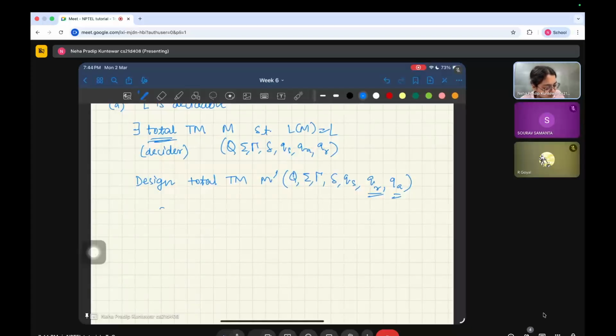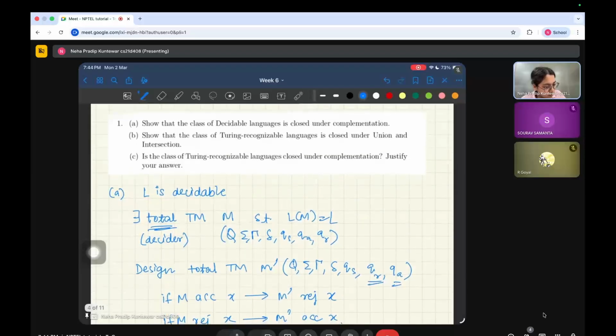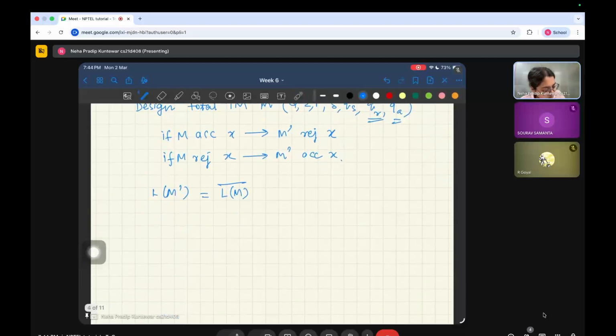And then what will happen is, if X is accepted by M, then M prime would end up rejecting X, and if M rejected X, then M prime would accept X. In other words, L of M prime is nothing but the complement of the language of M. So therefore, you have a total Turing machine for the complement of L bar. Therefore, L bar is also decidable.